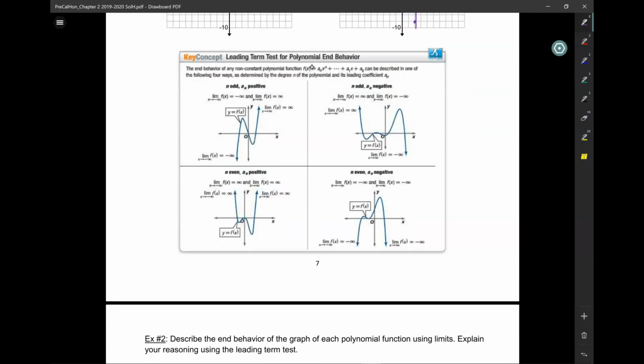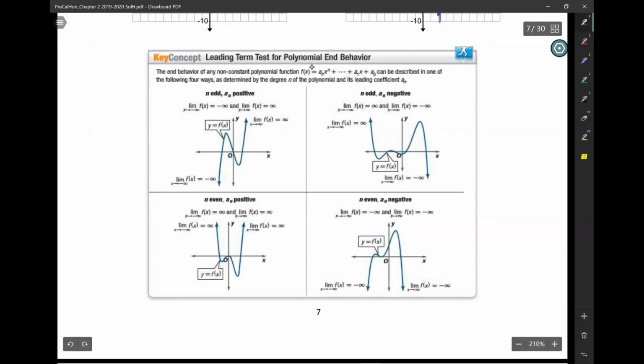So let's talk about the leading term test. We can take the leading term of any polynomial function and from that figure out the end behavior. I introduced it to you in the last chapter, but we're going to do it for real now. Take a look at this one. Is the exponent here odd or even?